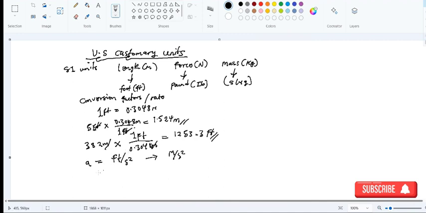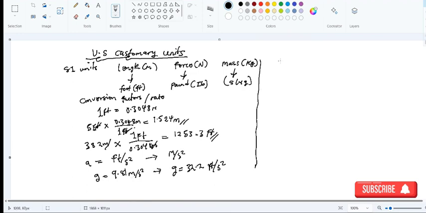And also acceleration due to gravity, it was 9.81 meter per second square. And for the US customary units, acceleration due to gravity is going to be 32.2 feet per second square. Okay, so when you are given parameters in feet and slug, it's not wise to use this value 9.81 as your acceleration due to gravity.